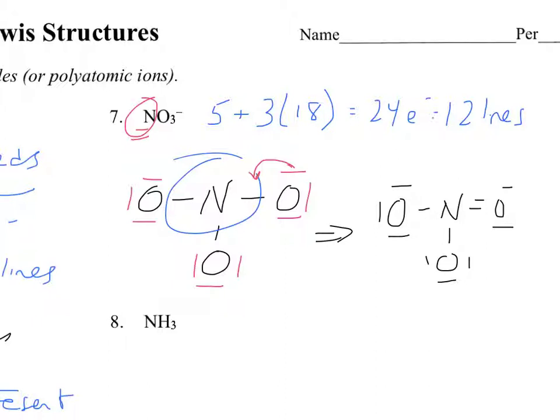Let's not forget to put the whole thing in square brackets, representing that it's an ion.